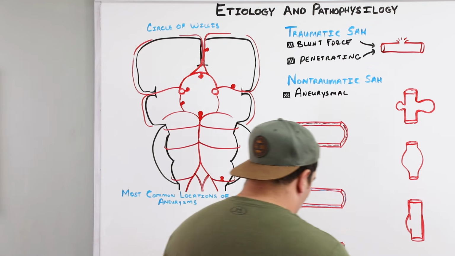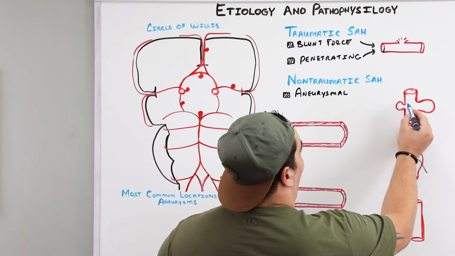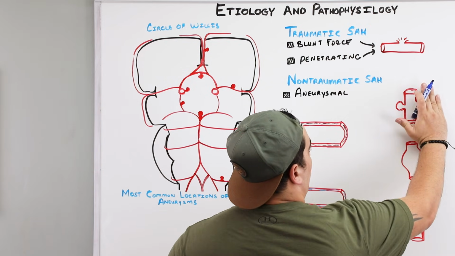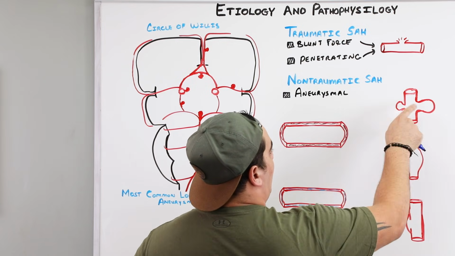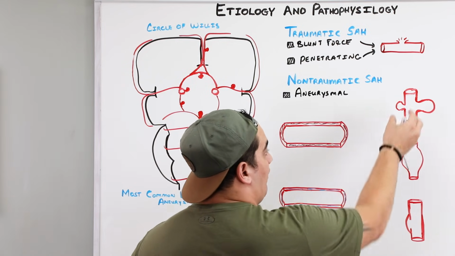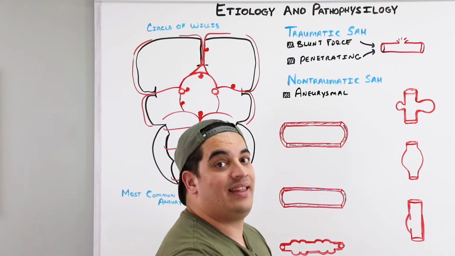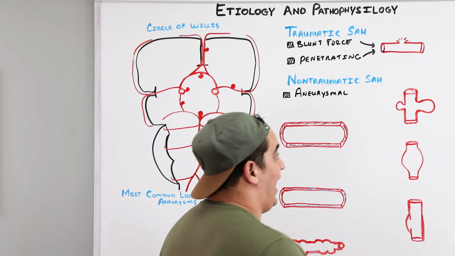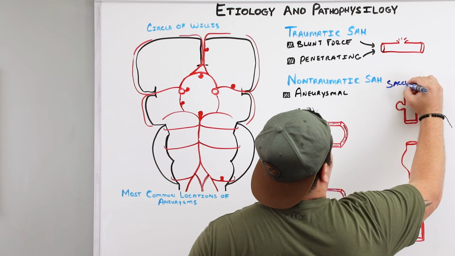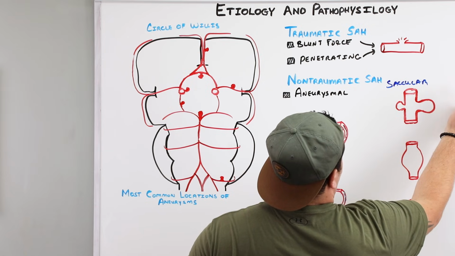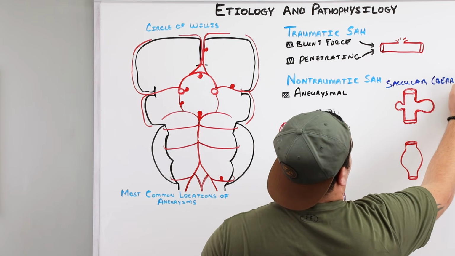The first one that I want you guys to be able to recognize here is whenever you have this asymmetric, so imagine this little bump here is not present. Just imagine that's gone for a second. Whenever you have kind of a ballooning or outpouching of the vessel that's asymmetric, it's not the same on both sides, that's saccular or a berry aneurysm. So we call this one a saccular aneurysm, also referred to as a berry aneurysm.